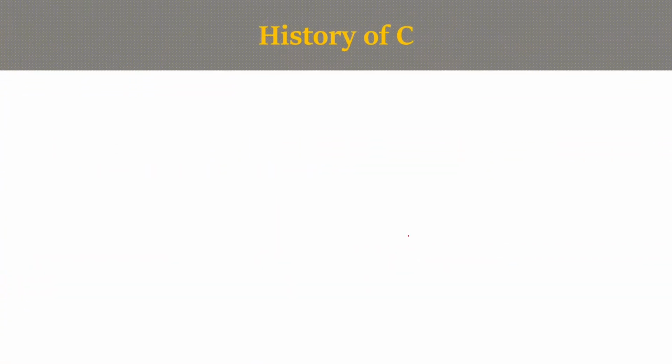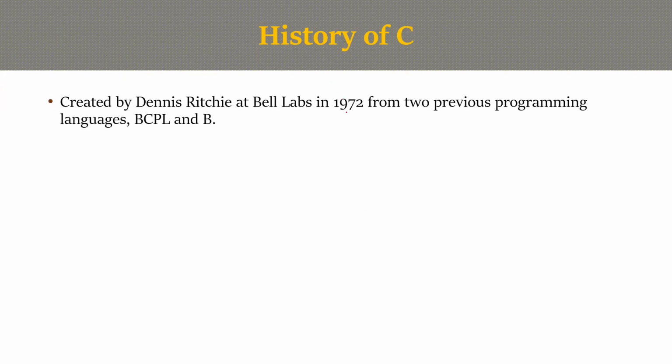The first major programming language breakthrough came in 1972, done by Dennis Ritchie at Bell Labs.